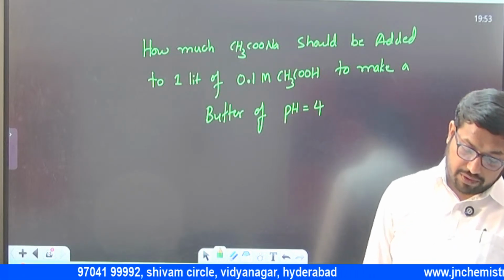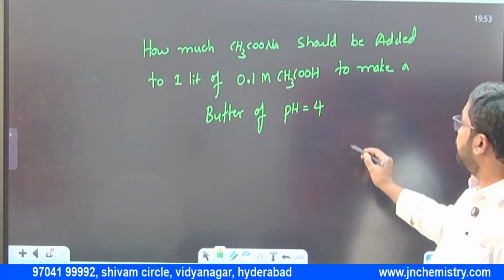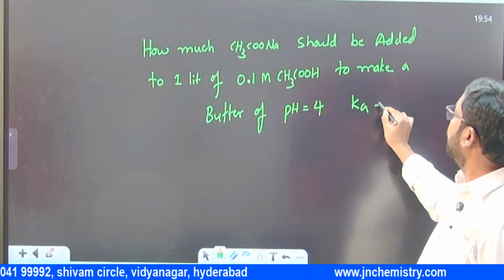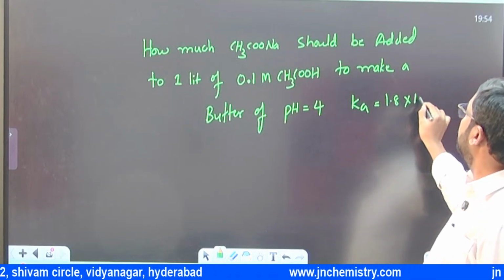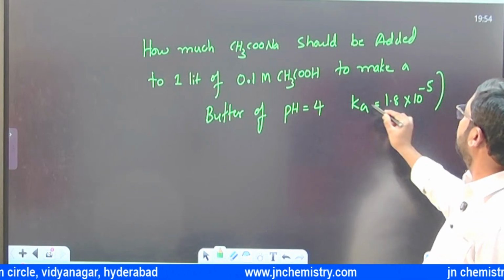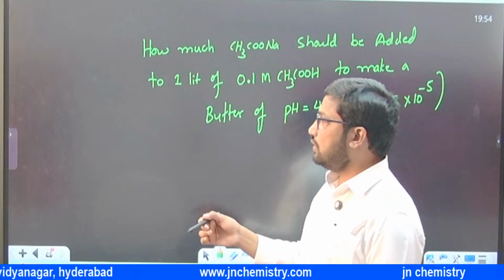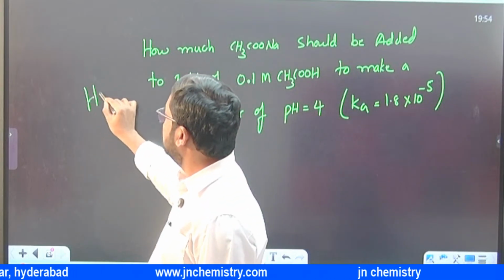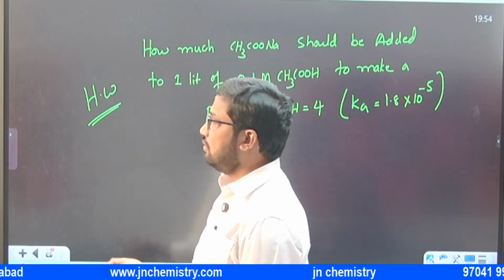Ka value is given as 1.8 into 10 to the power of minus 5. Put it as homework and do it.